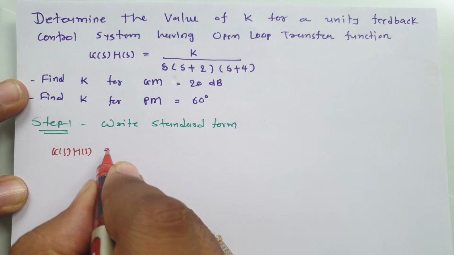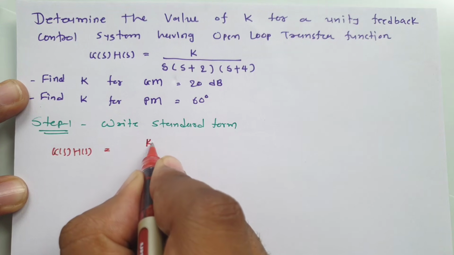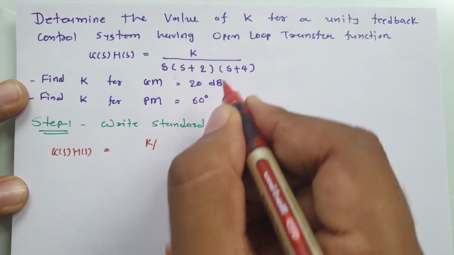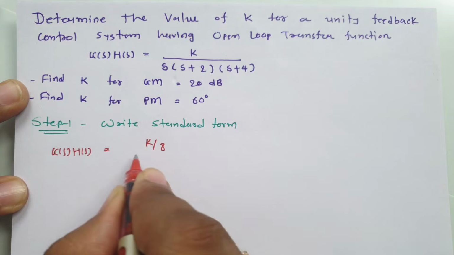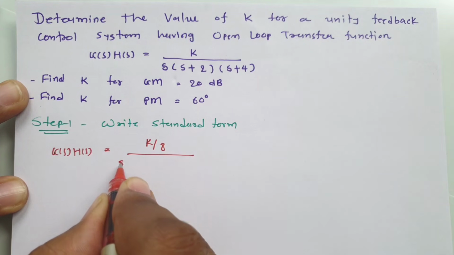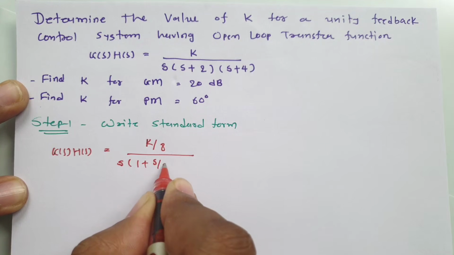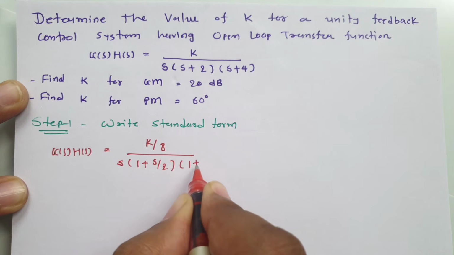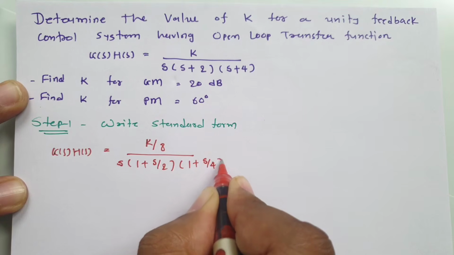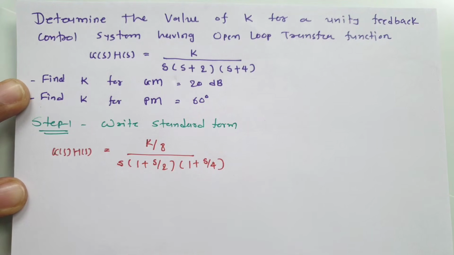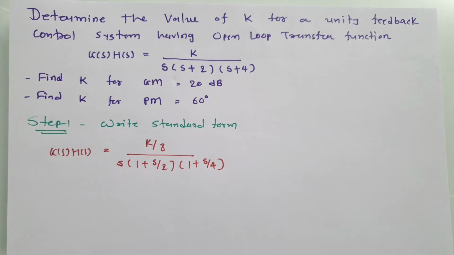See how I am writing it. I am taking 2 and 4 common from the denominator, so K by 8 divided by s into 1 plus s by 2 into 1 plus s by 4. This is how I am writing the standard form, right?